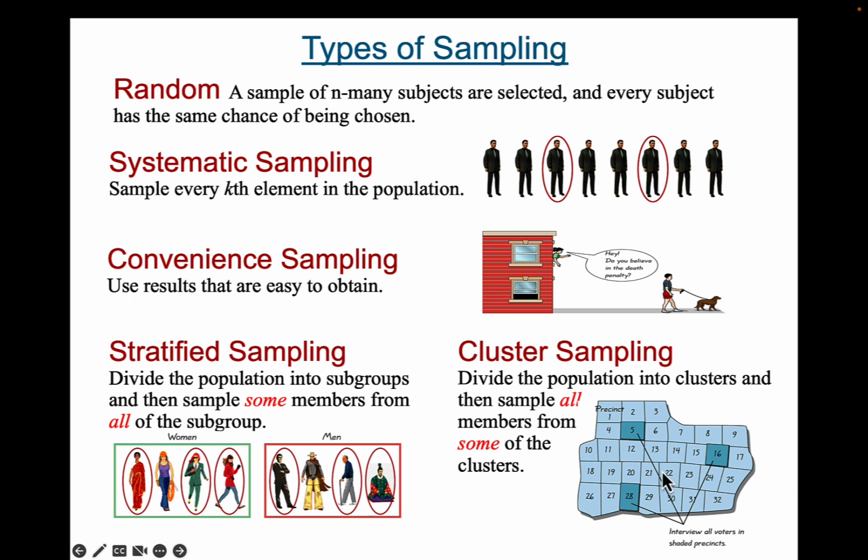Cluster sampling, on the other hand, you've grouped them, but then you select a few of the groups, precinct 5, 16, and 28. Now, when you go to precinct 5, you survey all the members in that precinct. Precinct 16, talk to all of them. Precinct 28, talk to all of them. That's the difference between stratified sampling and cluster sampling.